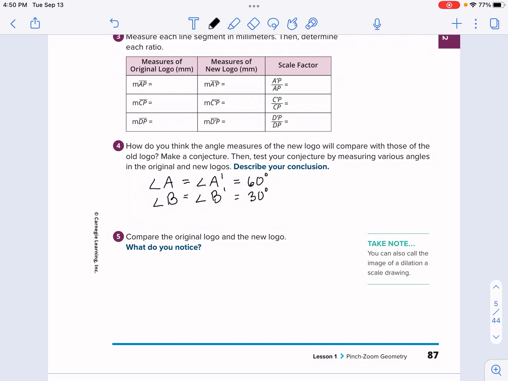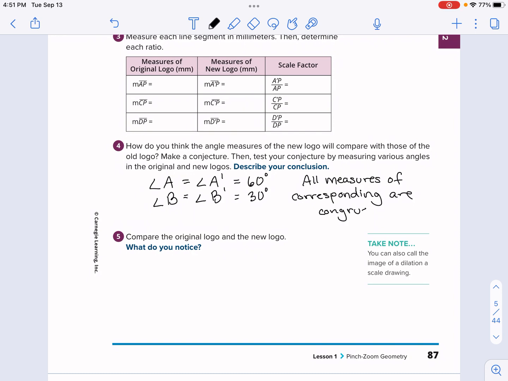You could also talk about C or the other angle in this figure, but we're just going to say all measures of corresponding angles, so the parts that we compared, A to A prime, B to B prime, and so on, are congruent.